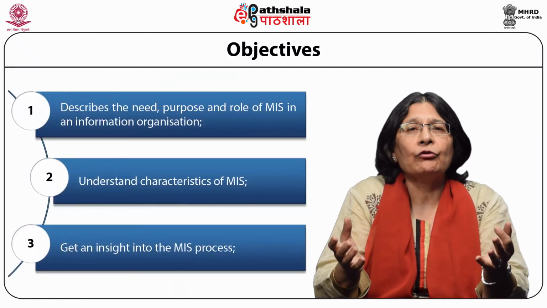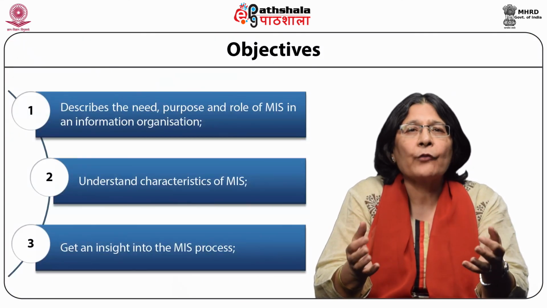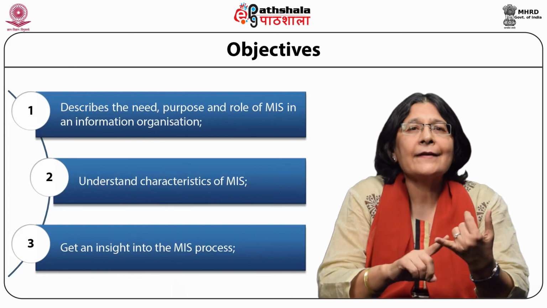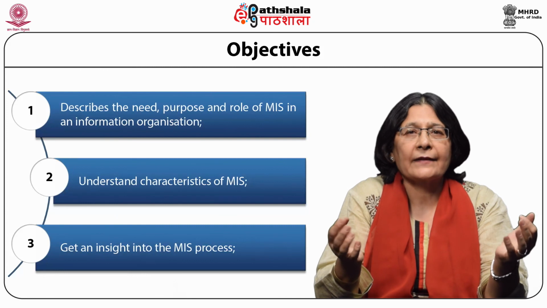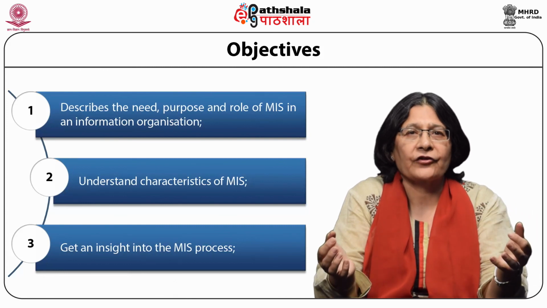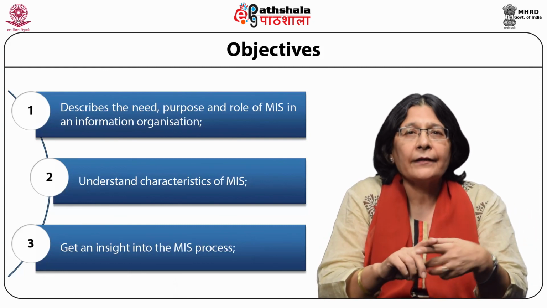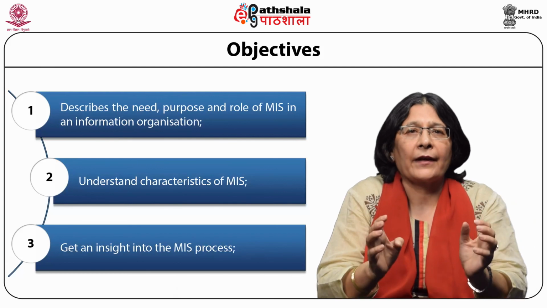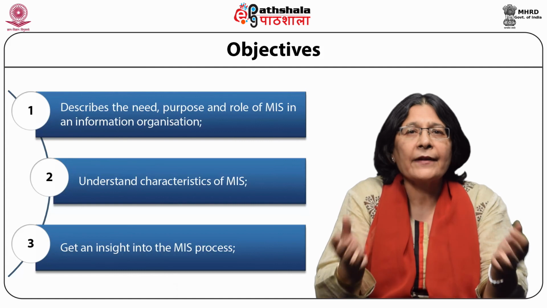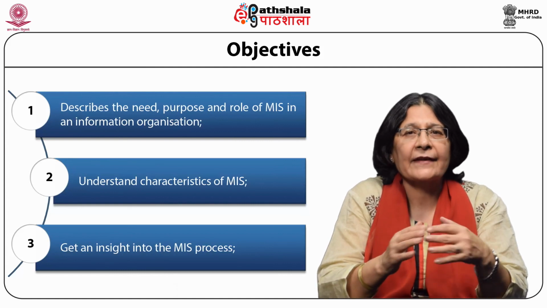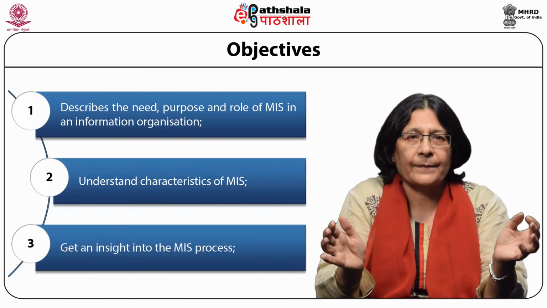With this in view, the objectives of this module are: it describes the need, purpose, and role of MIS in an information organization. We can understand the characteristics of MIS. We will also get an insight into the MIS process, which has several stages or steps.